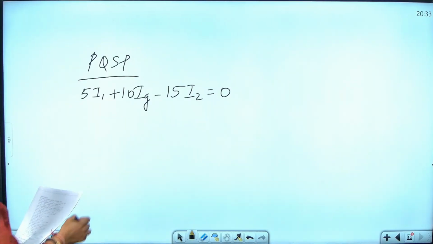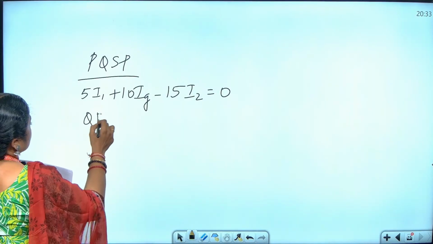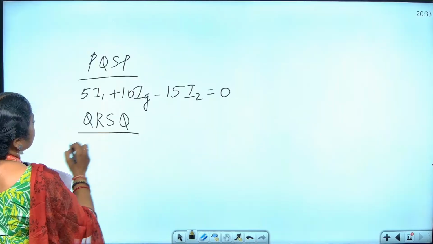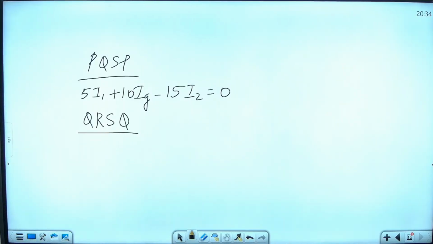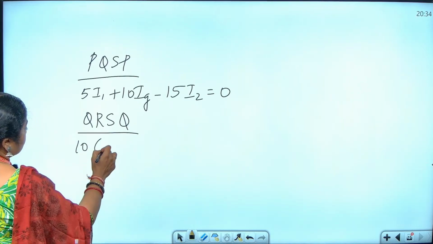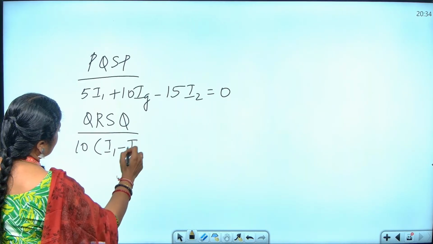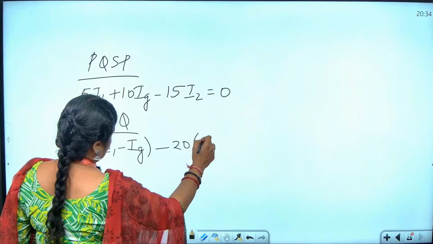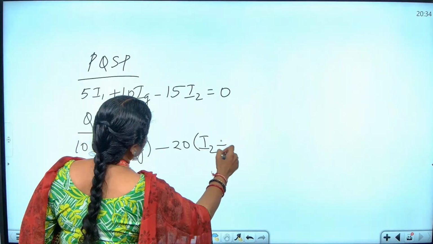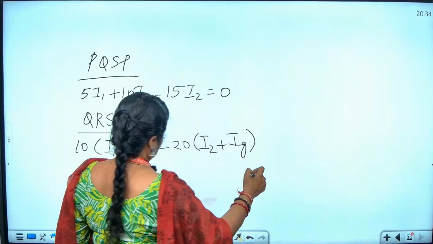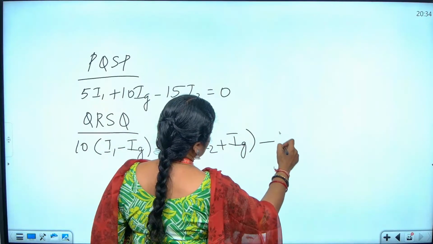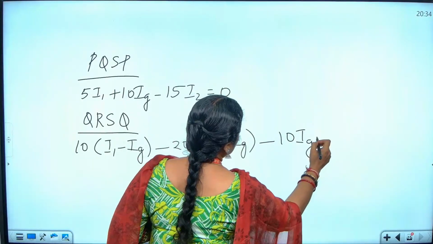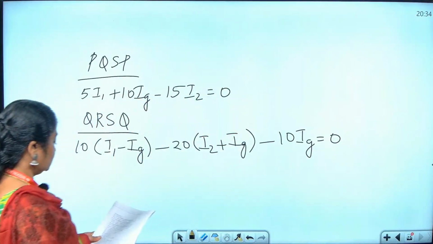Now take the loop QRSQ. 10 into (I1 minus IG) minus 20 into (I2 plus IG) minus 10 IG equal to 0.